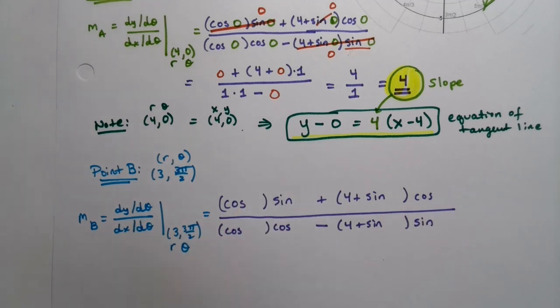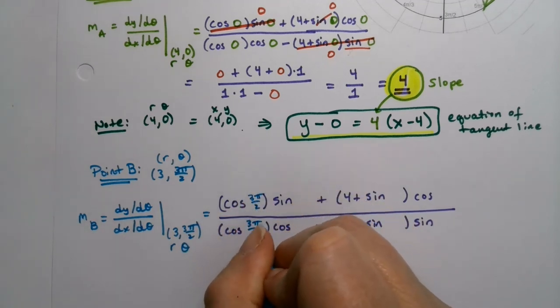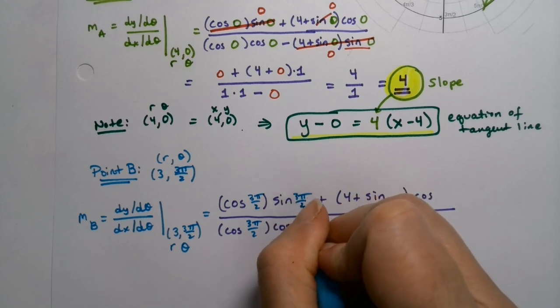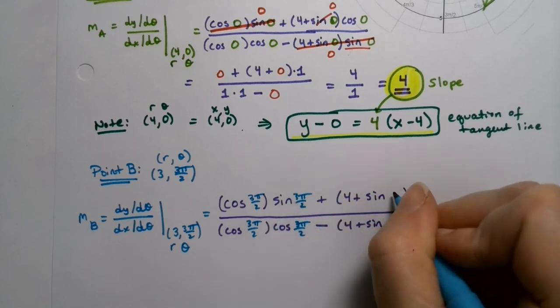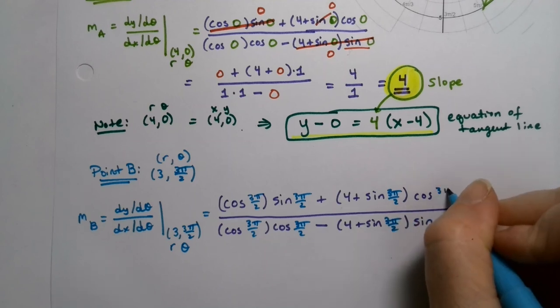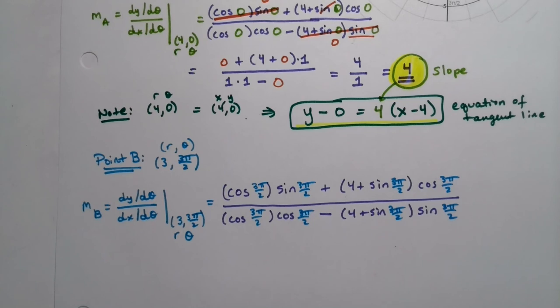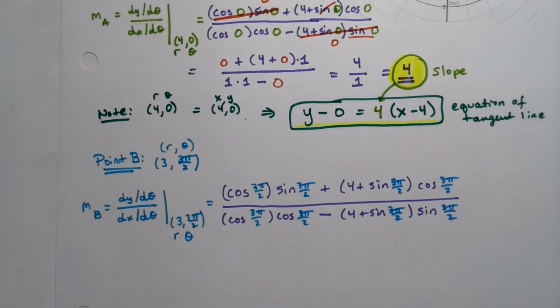And then literally in every single slot goes 3 pi over 2. Well, just like in the last problem, a lot of those are going to disappear, because of where 3 pi over 2 is.